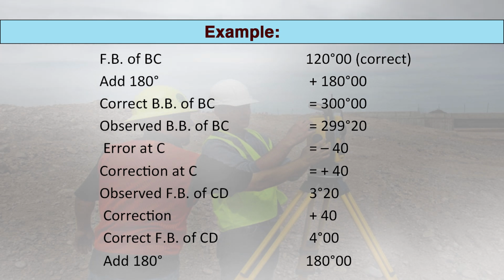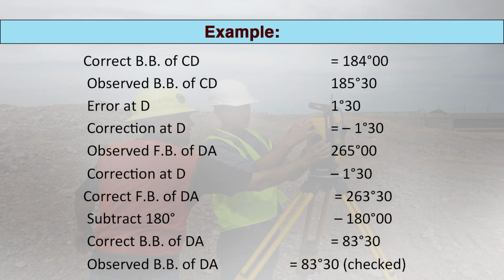Now, we add 180 degrees to find the correct back bearing of CD, which is 4 degrees plus 180 degrees, resulting in 184 degrees. The observed back bearing of CD is given as 185 degrees 30 minutes. So, the error at D is 185 degrees 30 minutes minus 184 degrees, which results in 1 degree 30 minutes. So, the correction at D will be minus 1 degree 30 minutes.